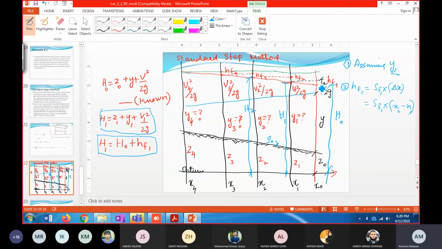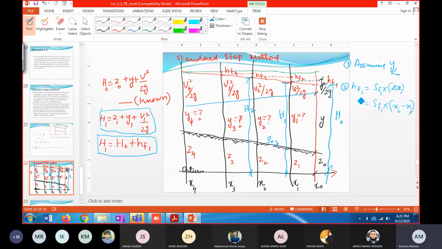SF1 is the mean slope, and the mean slope can be calculated using the average of the slope, calculated through the values of depth at the two sections. Okay, any question up till here?